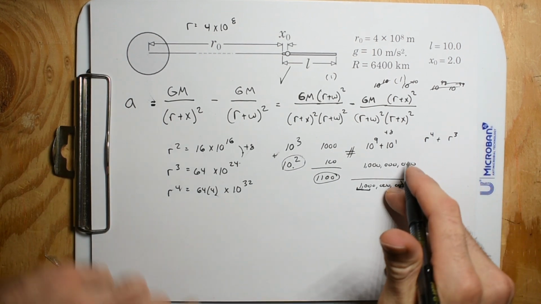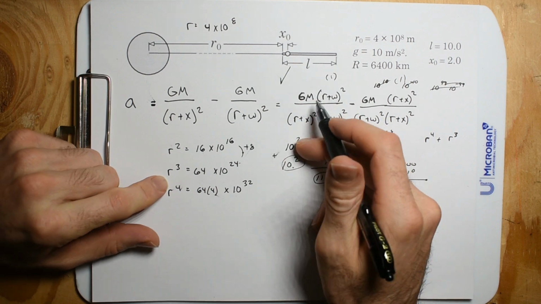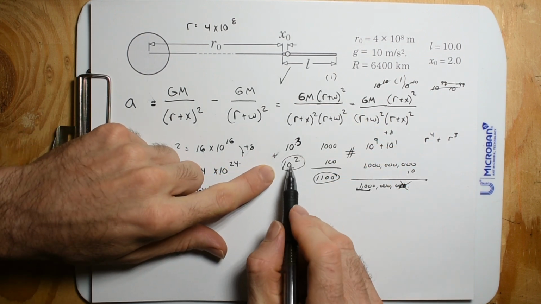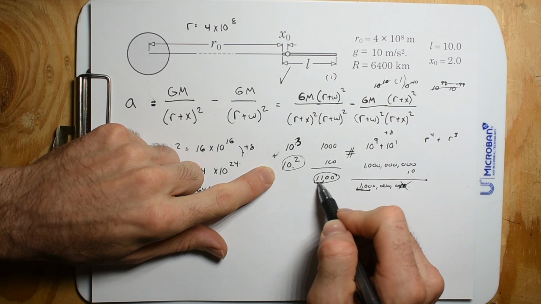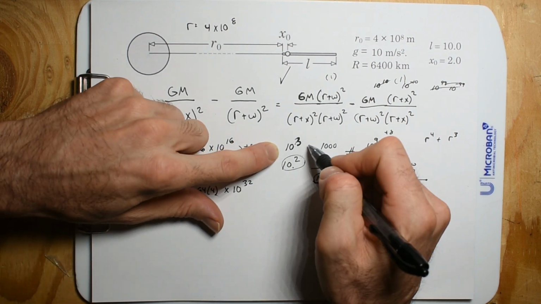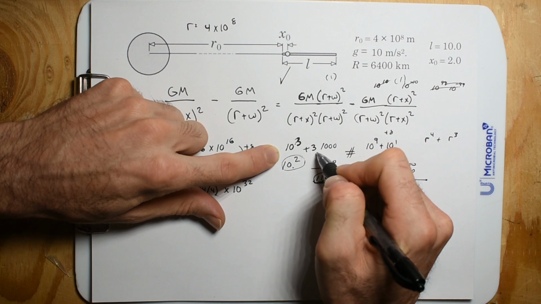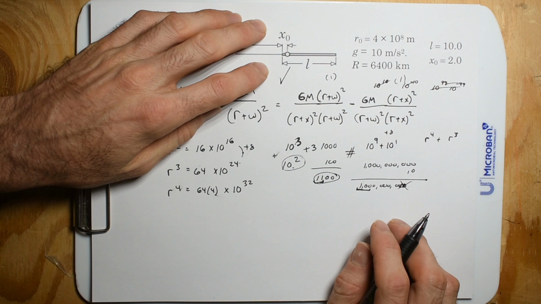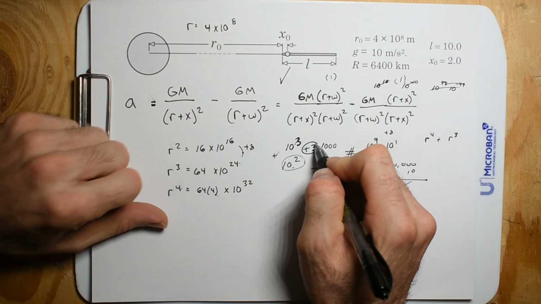And that's the take-home point. If you're adding 10 to the cube plus 10 squared, your significant digits do matter. But the second this gap gets more than plus 3, it really doesn't affect your significant digits. So maybe that's the take-home point for this problem.